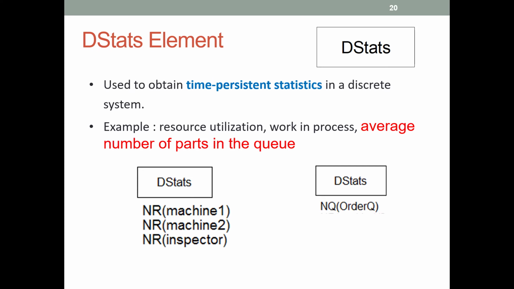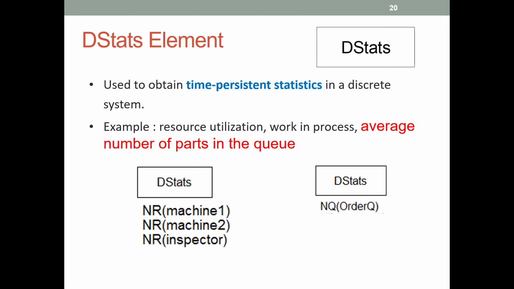And that is another time average statistic: how many people you have in queue on average during the simulation time. So now we're going to be looking at the queue name, and we are going to use this NQ defined variable from Arena to compute that average, right?